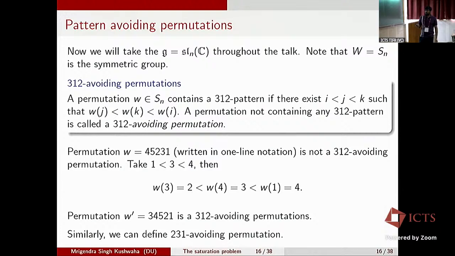For example, take the permutation W equal to 4, 5, 2, 3, 1 in one-line notation. It is not 312 avoiding, because if I take indices 1, 3, 4, I notice that W_3 is less than W_4 is less than W_1. So it contains a 312 pattern. On the other hand, if I take W' equal to this permutation, then it is 312 avoiding. It doesn't contain any 312 pattern.